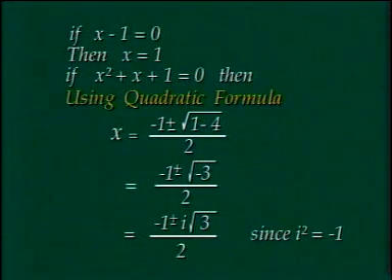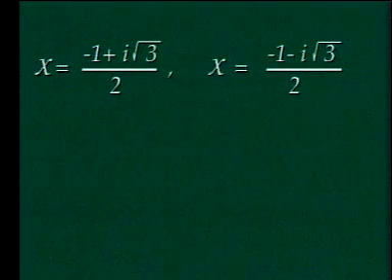So in place of minus 1, we will write iota square, and outside the root there will be iota, divided by 2. Now there will be two roots, that is x is equal to minus 1 plus iota root 3 divided by 2, and x is equal to minus 1 minus iota root 3 divided by 2.